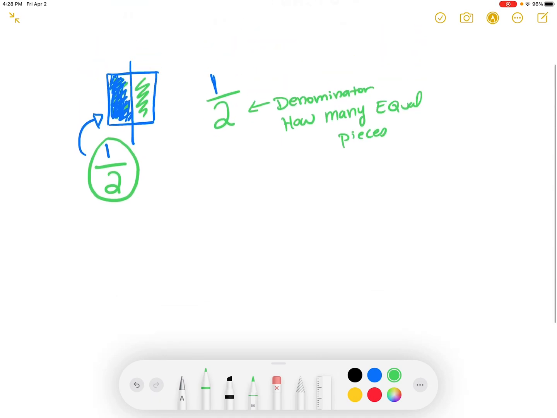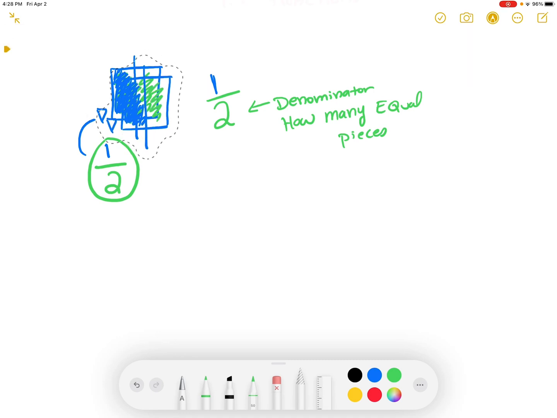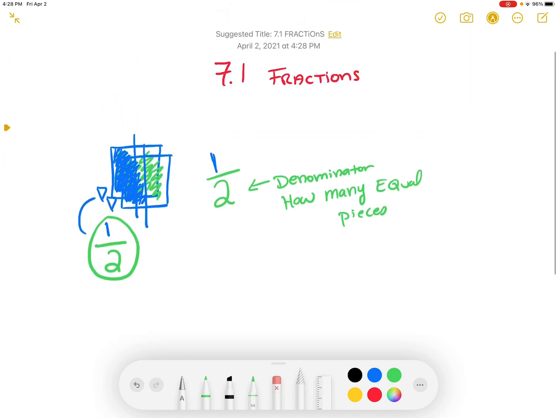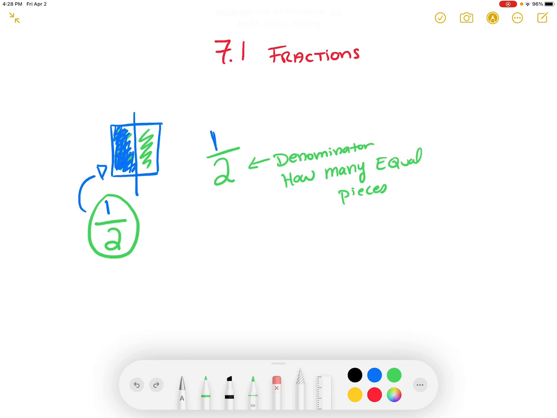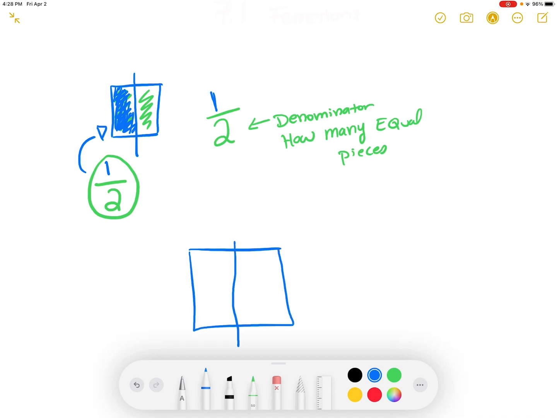Let's say I take that same box, okay, and instead of cutting it in half, I cut it in fourths. So let me explain. I'm just going to draw this box again. I cut it in half, and then I cut it again.